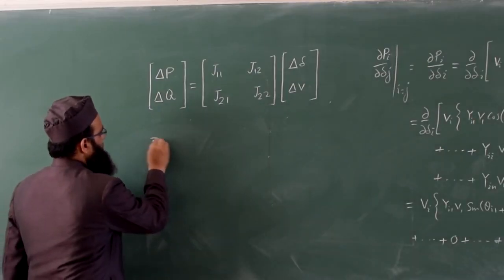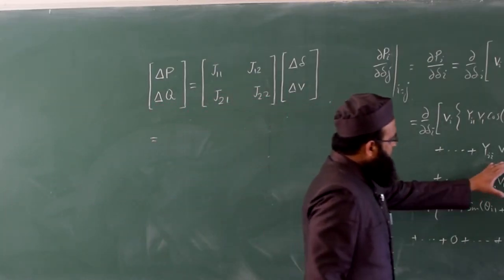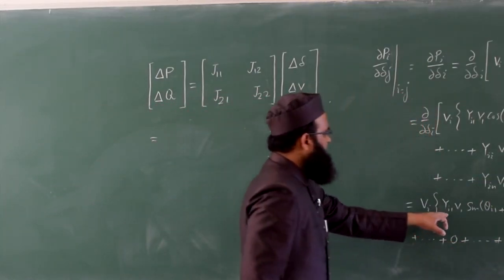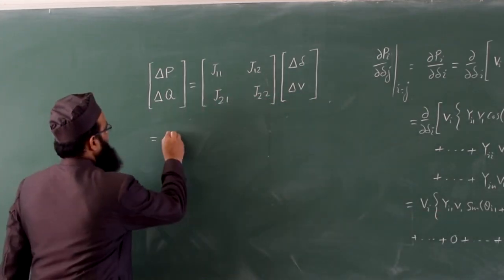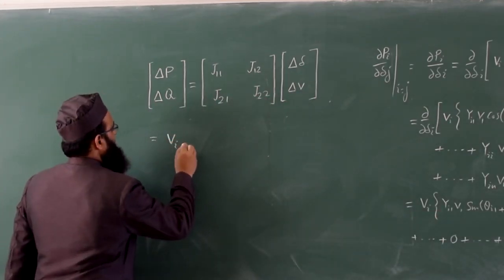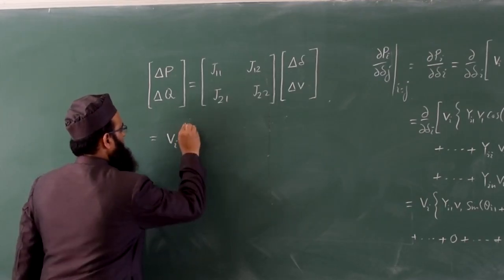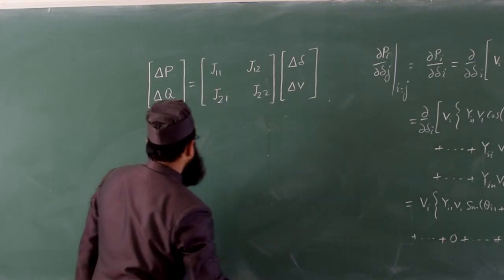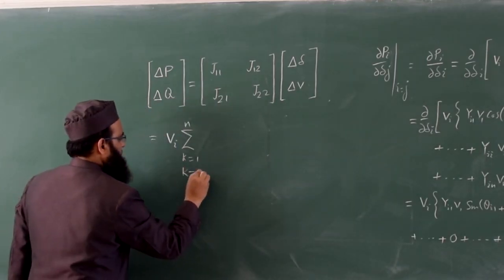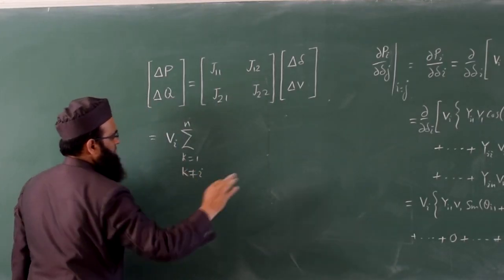this will be equal to, for all terms except the ith term, we can write Yik Vk Vi summation k equal to 1 to n, and we are not having the ith term. So write here k not equal to i, because the ith term is 0.